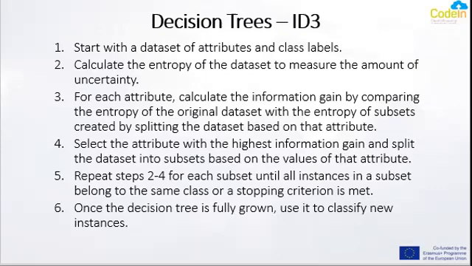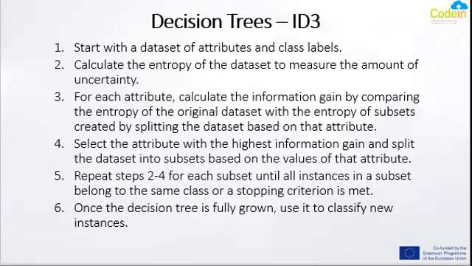In the Oracle Academy materials that are part of this course, you can find and use more detailed examples of using the ID3 algorithm. The ID3 algorithm starts with a single node that represents the entire dataset and recursively splits the dataset into subsets based on the values of the selected attribute until all instances in a subset belong to the same class or until a stopping criterion is met.